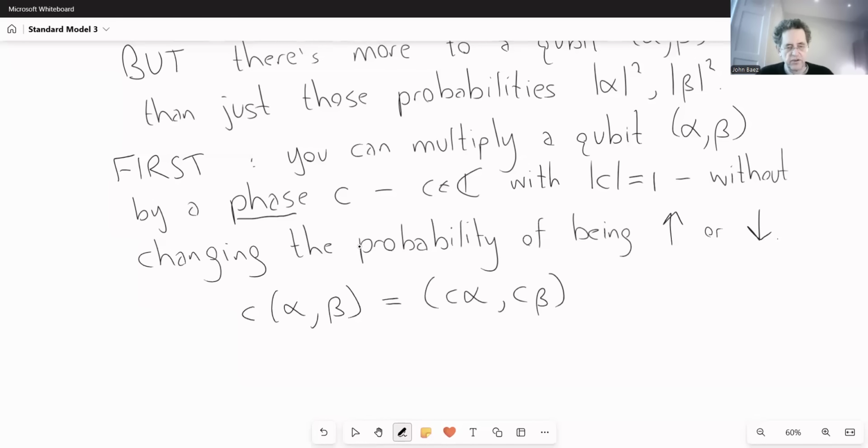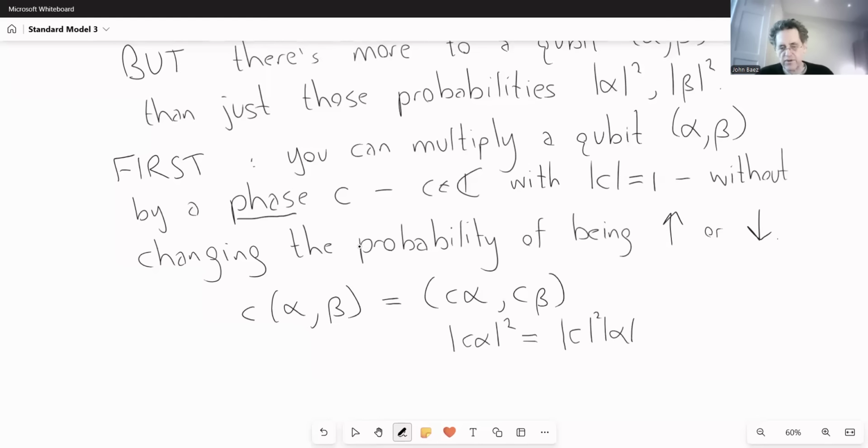And then if you look at it, you'll see that these probabilities don't change. So the probability of being up is now the absolute value of C alpha squared. But if you do some calculations, or if you take a class on complex numbers, you'll know that the absolute value of C times alpha is the absolute value of C times the absolute value of alpha.